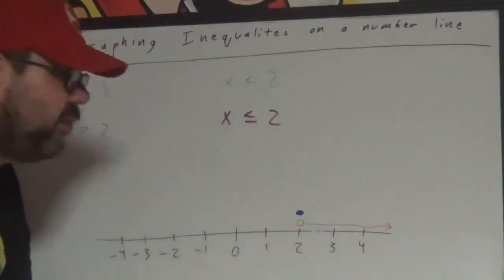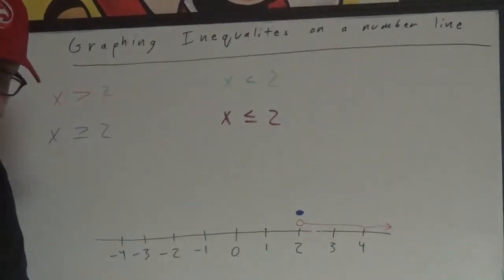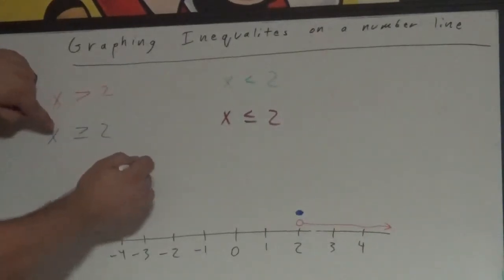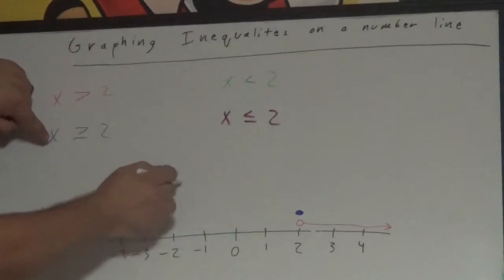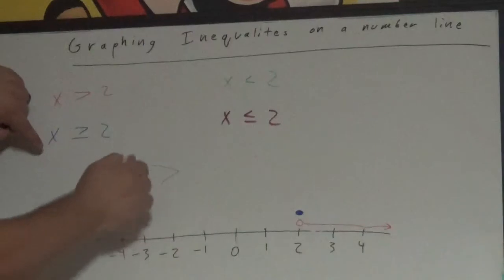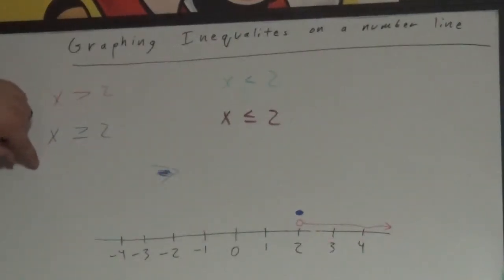I usually just describe it as either an open circle or a closed circle. And one way I like to think of it is, if you're having trouble remembering the difference and remembering the meaning doesn't help, you can think that this extra line kind of fills in the circle. So if you have this, you have an open area, and then the line underneath, the equal to, kind of fills it in.